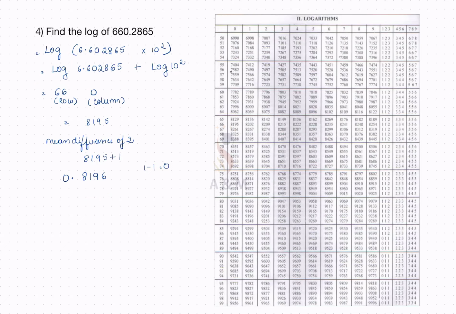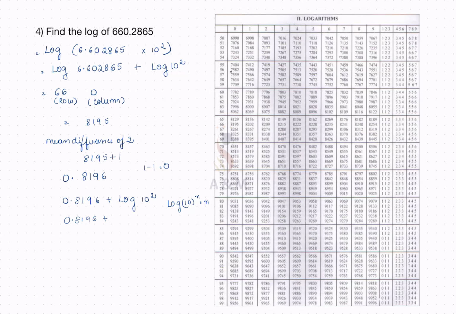Now you have to find log B, that is log 10 square. Therefore 0.8196 plus log 10 square. Log 10 to the power n is equal to n itself, correct?